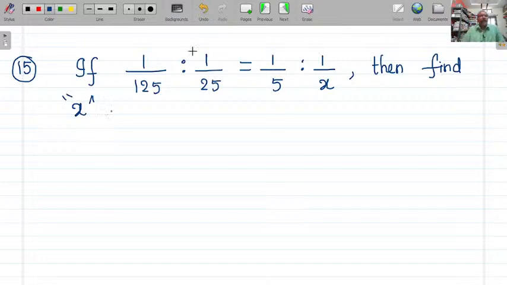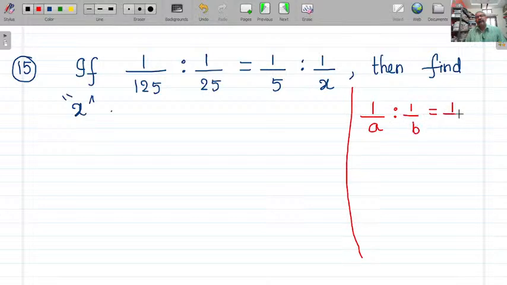So my dear students, you remember one thing. Suppose 1 upon a is to 1 upon b equals 1 upon p is to 1 upon q.